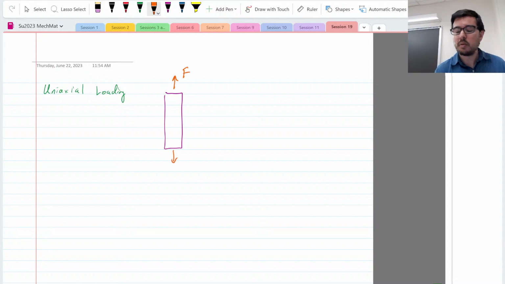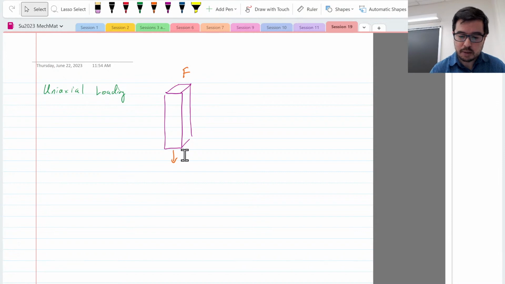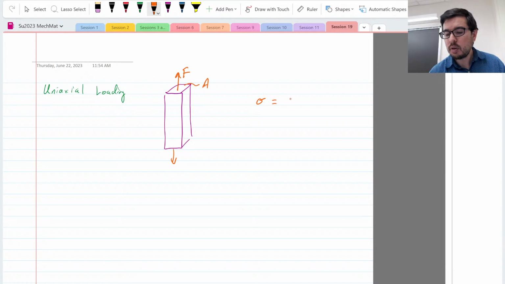So if I have some force being applied to pull apart this sample, and I know that I've got some cross-sectional area A, then sigma is just going to be equal to F over A. And in this case, let's just call it sigma x.